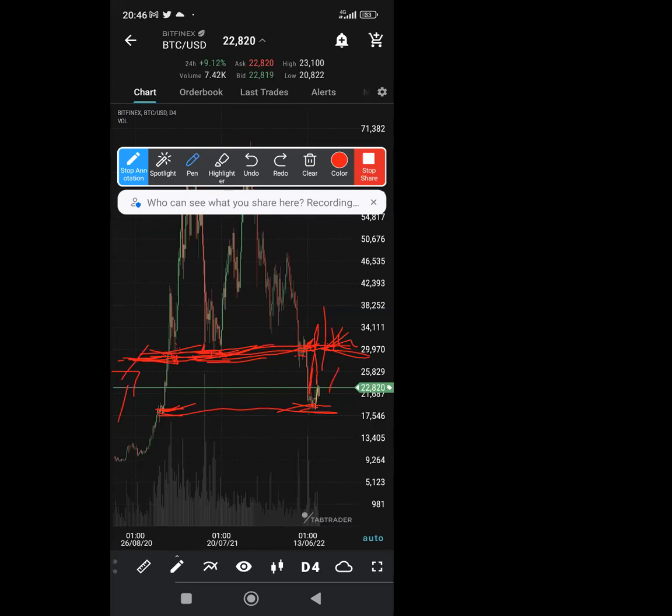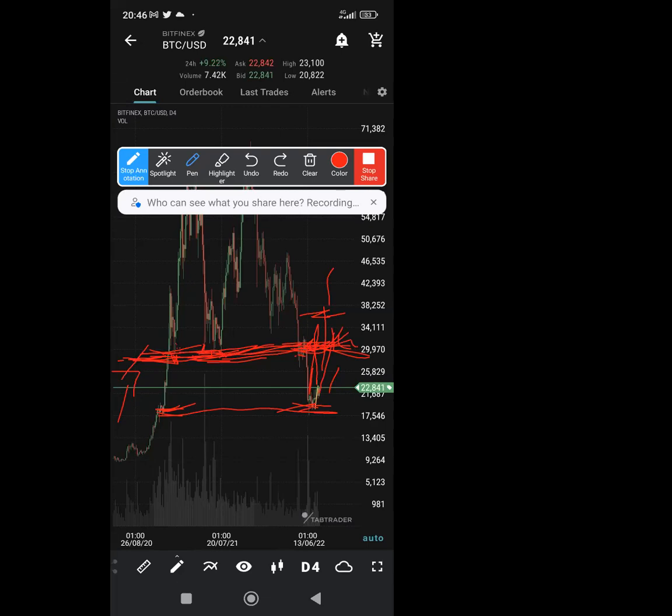Since we are in 22,000 now, immediately we break this 29,000 range, this 29,000 automatically turns into what? Our support. Maybe our price is now here. 29,000 will become our next support. Then we'll be looking at upper key price zones.